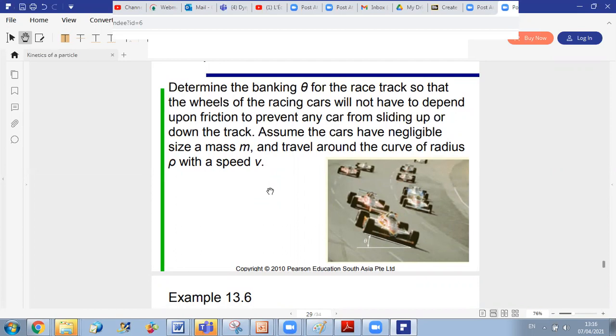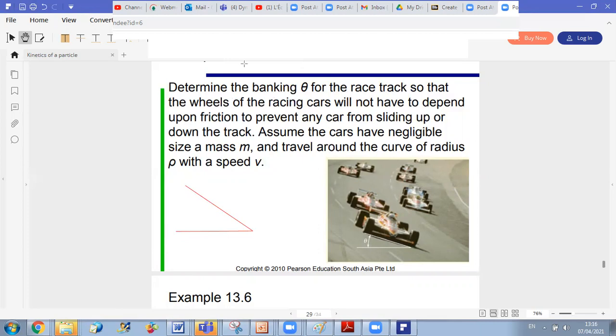So here, to imagine this problem, all of you watched Formula One. In general, the race is not horizontal. If I draw for you the profile view of the race, it will be like this. It's an inclined race, okay?